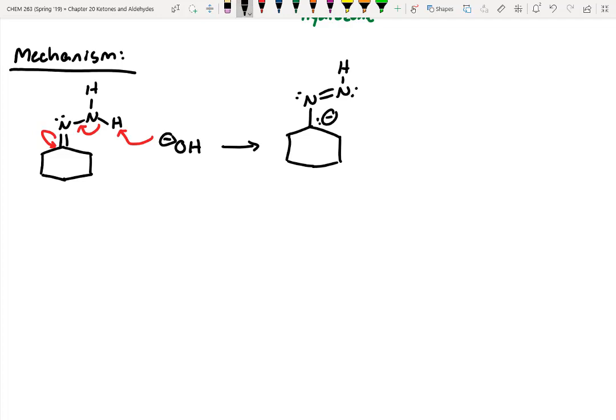All right, so now we've got our conjugate acid, water, floating around. And we know that carbons with a negative charge are ridiculously unstable. So it'll quickly steal this proton back.